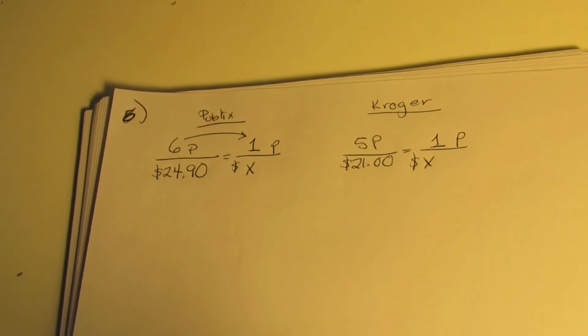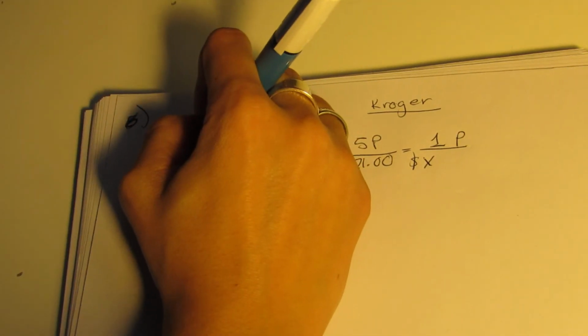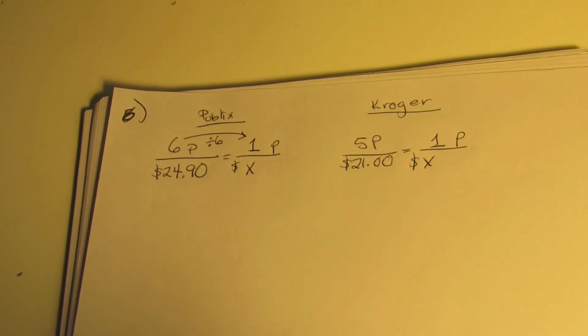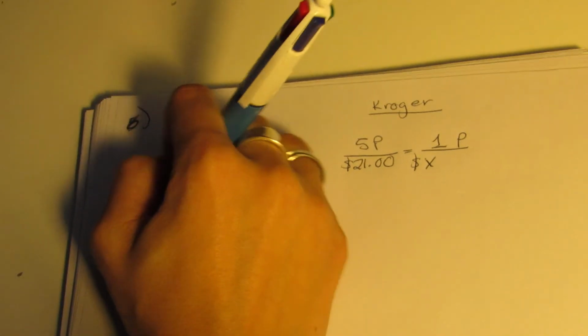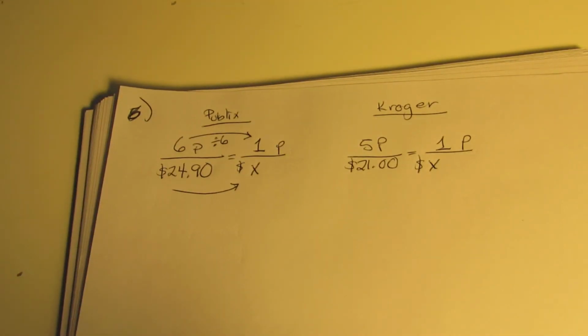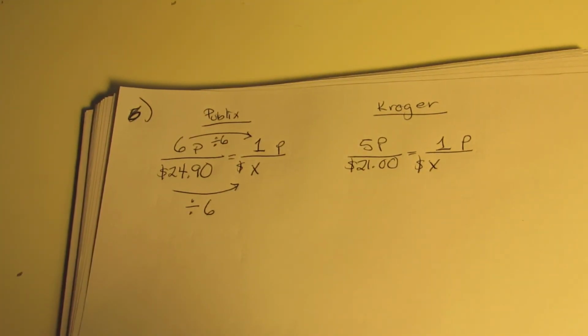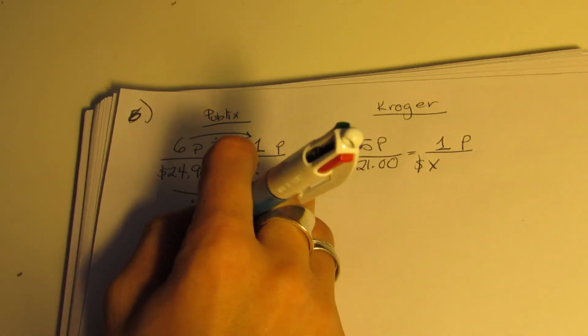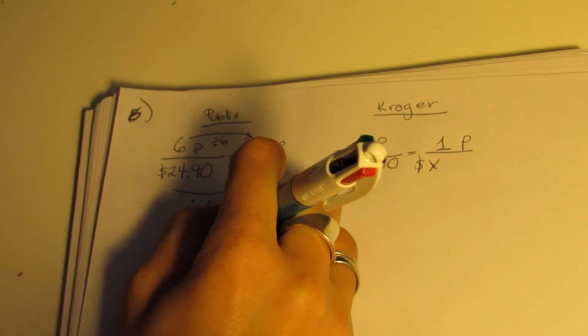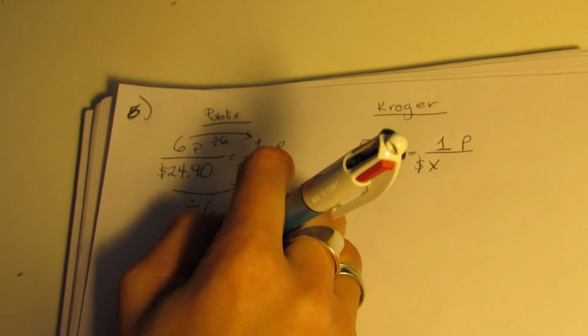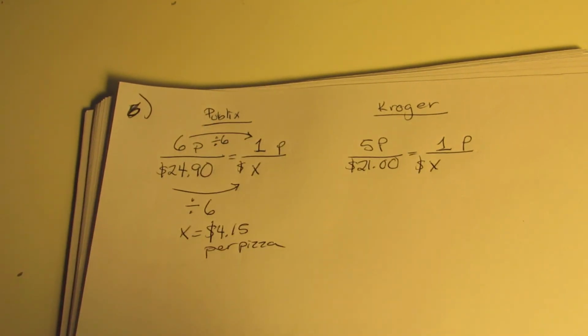I'm going to a smaller number, so I have to divide. If I divide 6 by 6, I get 1. So if I do the same thing for my denominator in order to make an equivalent ratio, I would get $24.90 divided by 6. That would give me $4.15 per pizza. So we found out the price per pizza at Publix.